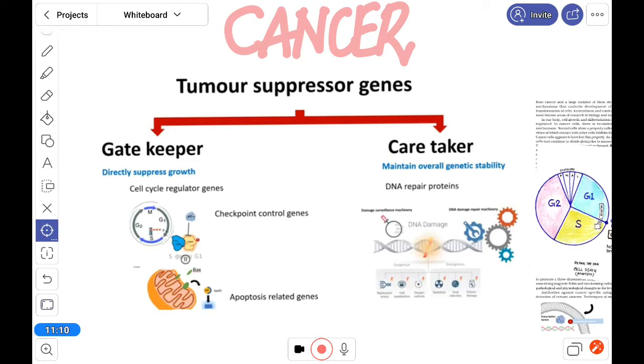I mean the whole cell is destroyed, so that this kind of damage will not be copied. And the cycle can be ceased for some time, so that it can get time to repair. So all these things are there. We will take one example and explain all this.